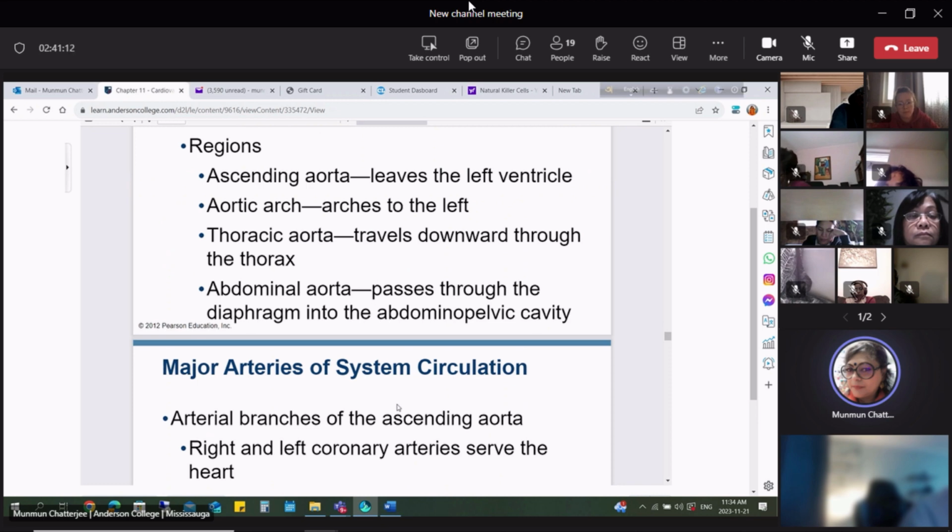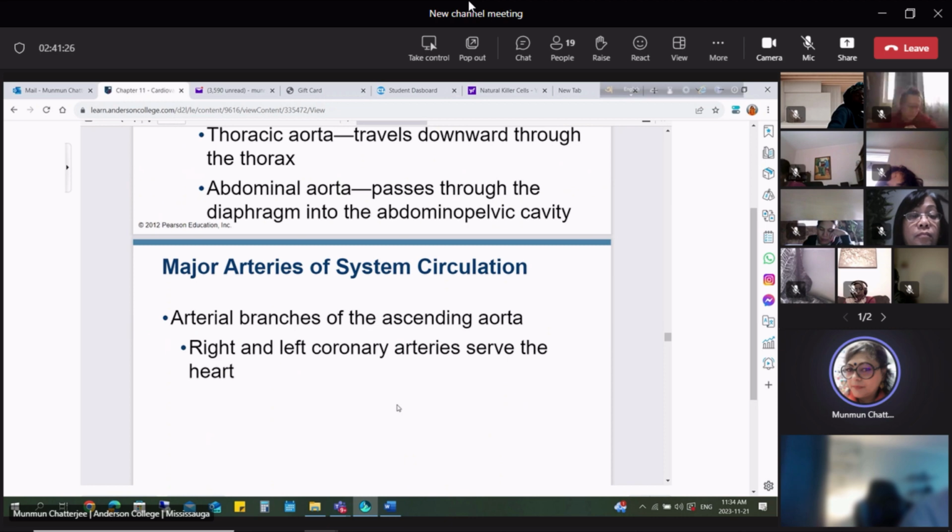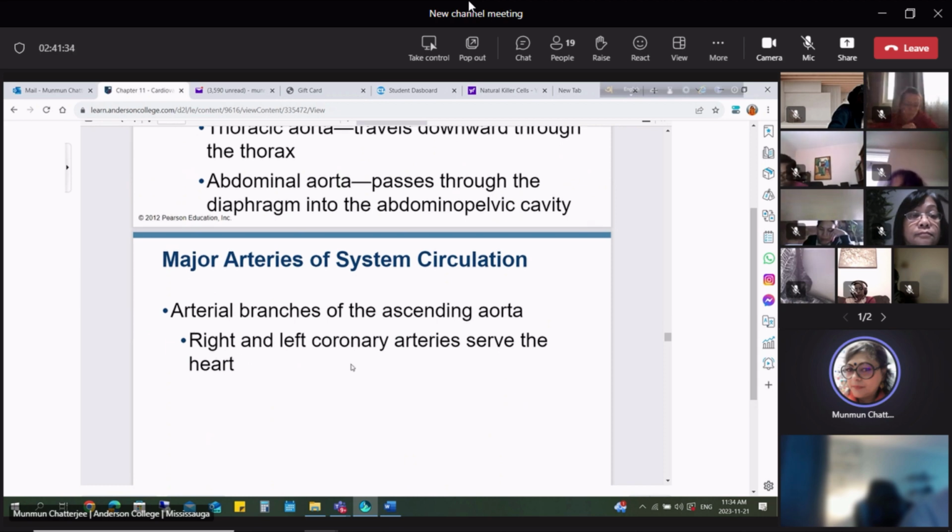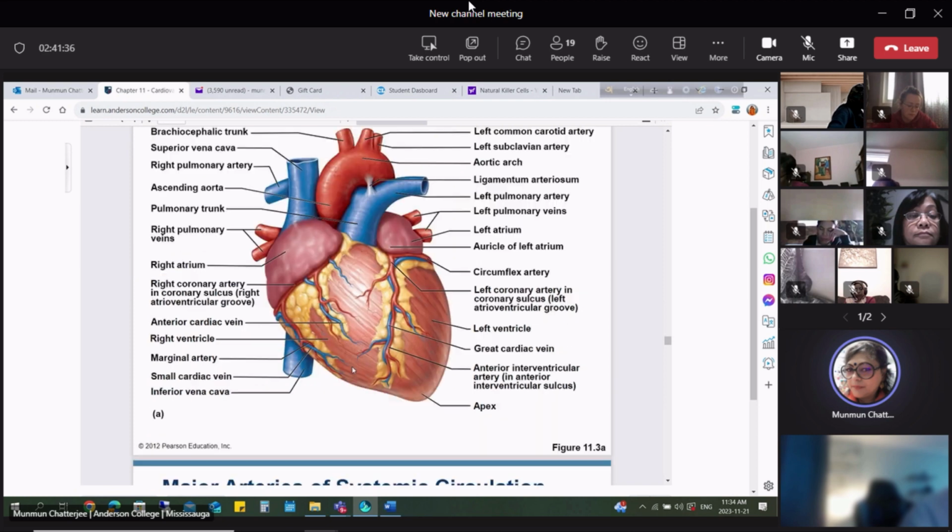So it becomes the abdominal aorta, and then it passes through the diaphragm into the abdominopelvic cavity. And then finally it branches and branches and branches. Also they form the right and left coronary arteries to serve the heart, as we discussed before.